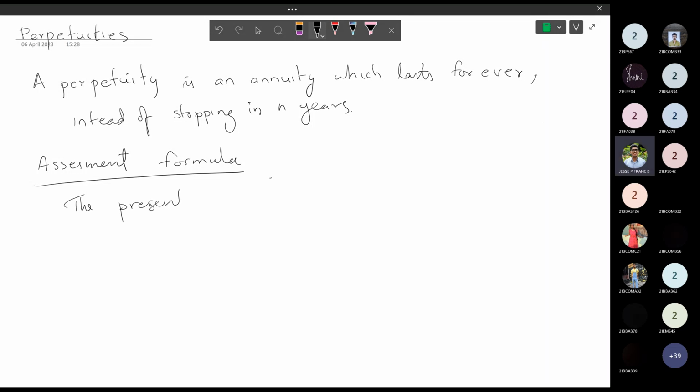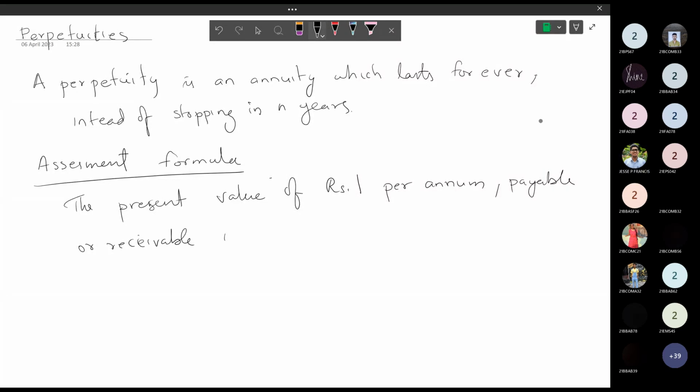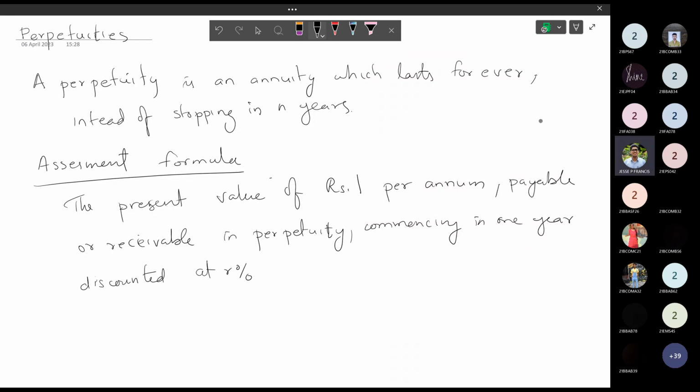The present value of ₹1 per annum payable or receivable in perpetuity, commencing in 1 year, discounted at R percentage per annum, is given by present value is equal to 1 by R. As easy as that. All right.